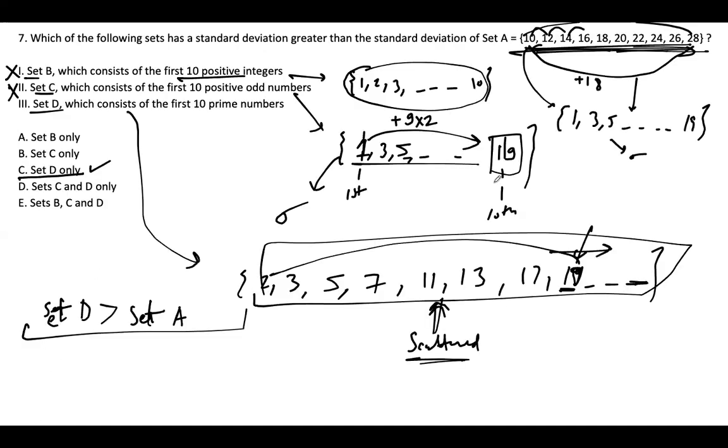Does range tell us anything about standard deviation? Does it mean greater the range, greater the standard deviation? Yes, mostly. But also remember, Samarth, do not blindly remember this. Right now, what I did here, we had a range of 18, and we also had a range of 18 here.